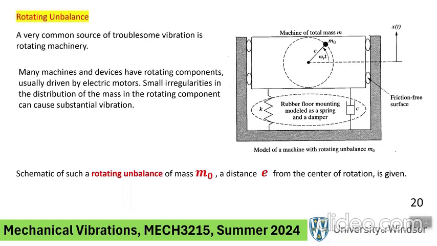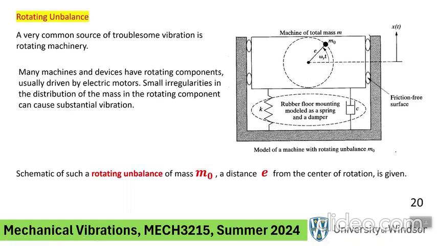So the distance between the center of mass and the center of rotation, we call it e, standing for eccentricity, and the mass of the rotating component, whatever it is, you put it at the mass center. So it's as if a mass attached with a link to the center of rotation is turning around at a speed, for example, omega r.